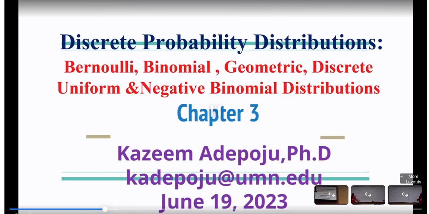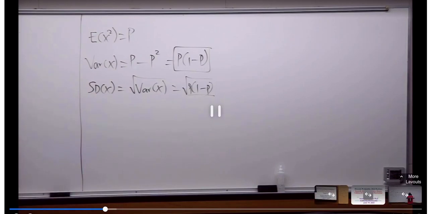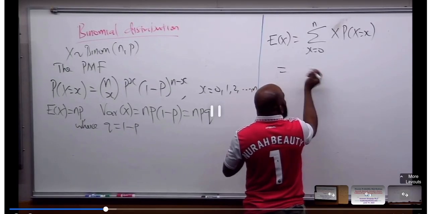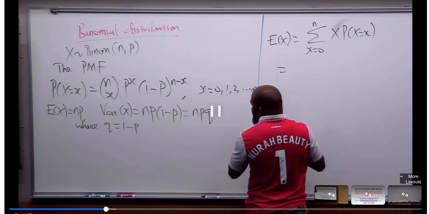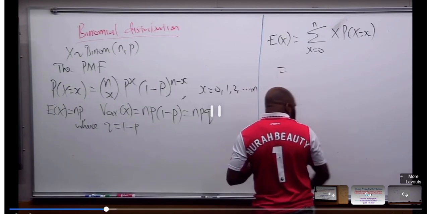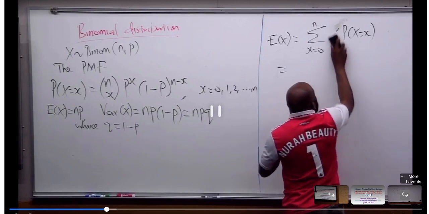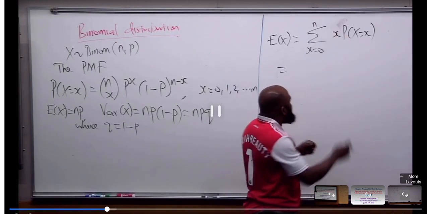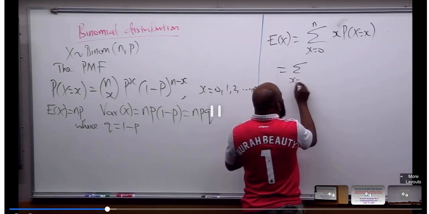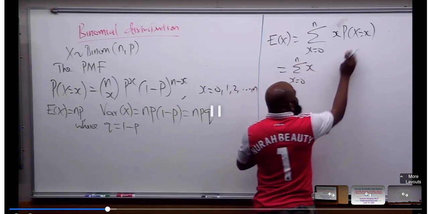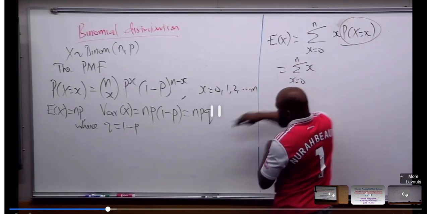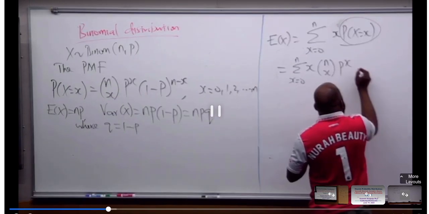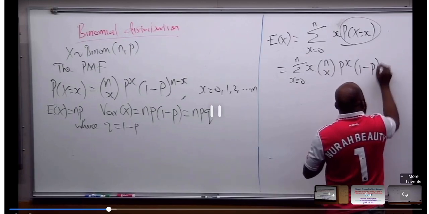So now I'm going to write, you know, some of you may be confusing this with this, so you can decide to write a lowercase. That's no problem. Now, s starts from 0 to n, x times the distribution, n combination s, p raised to power s, 1 minus p raised to power n minus s.